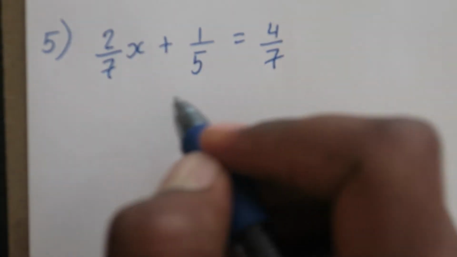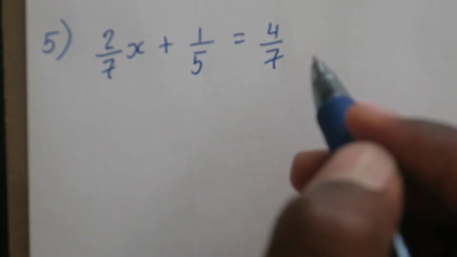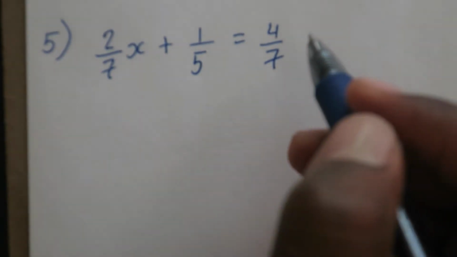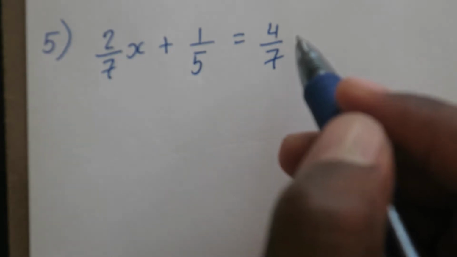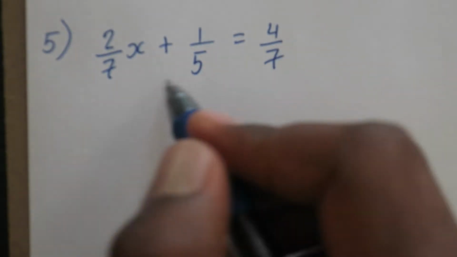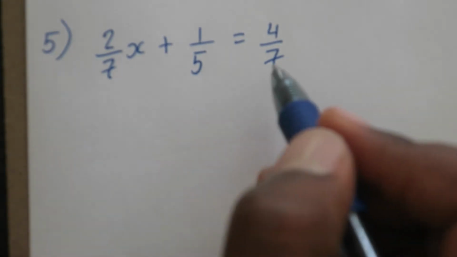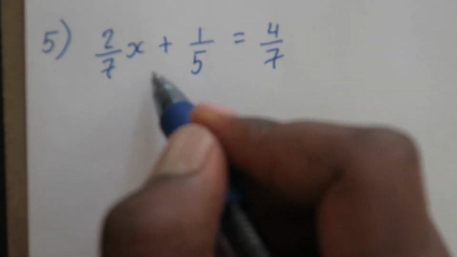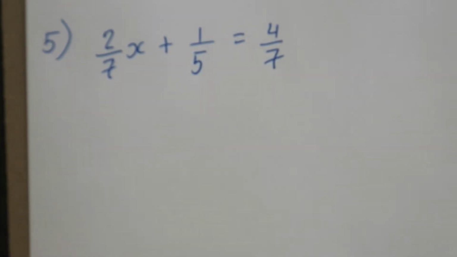Now for this case, I don't like fractions, so the first thing that I like to do is change the fractions into whole numbers. In order to do that, we need to find the LCD of the bottom numbers, the least common denominator. The numbers 7, 5, and 7 all go into 35, which means let's make the bottom numbers 35.